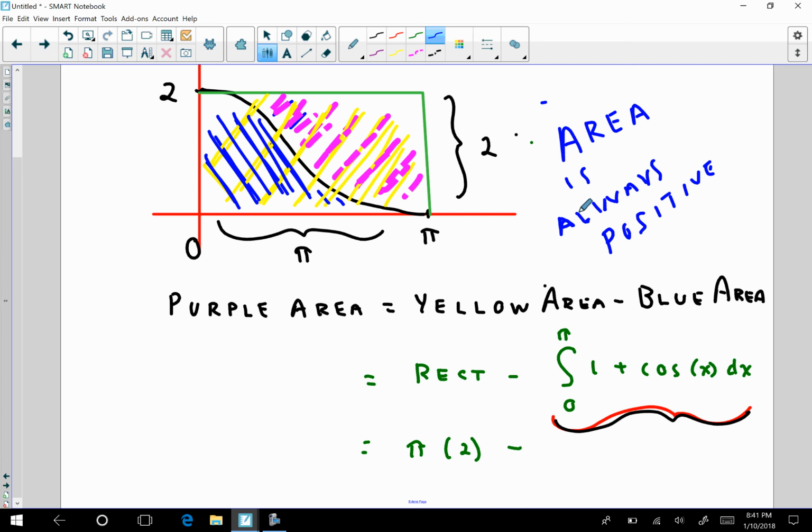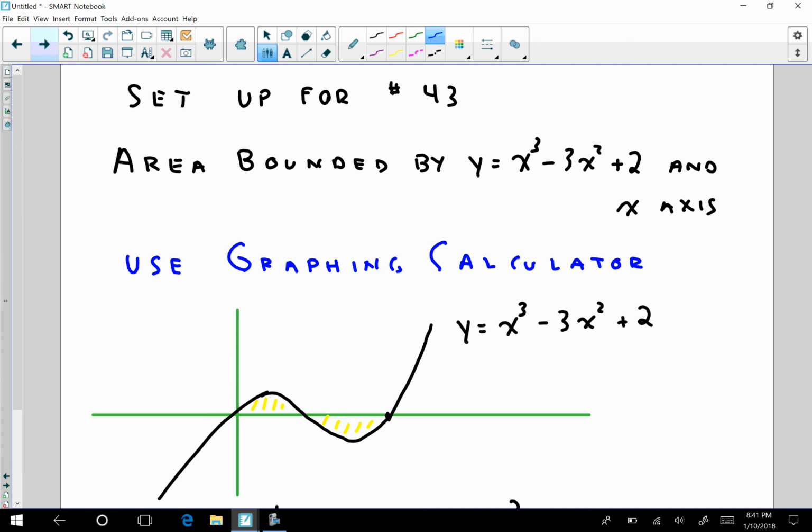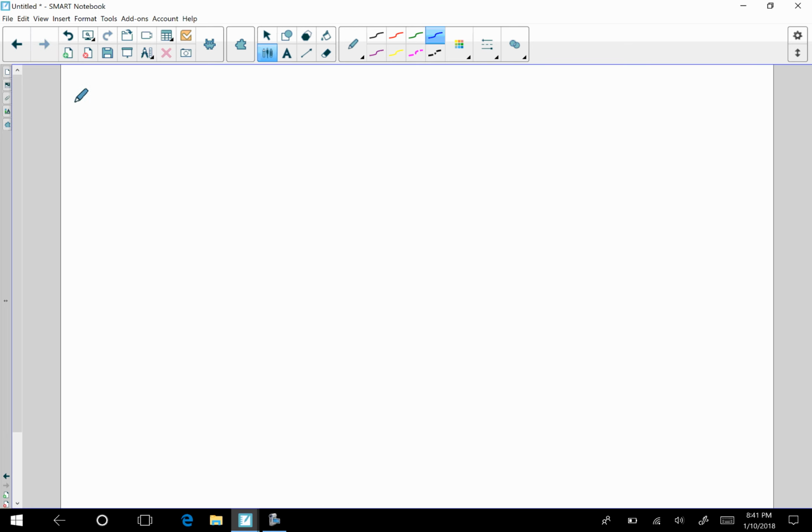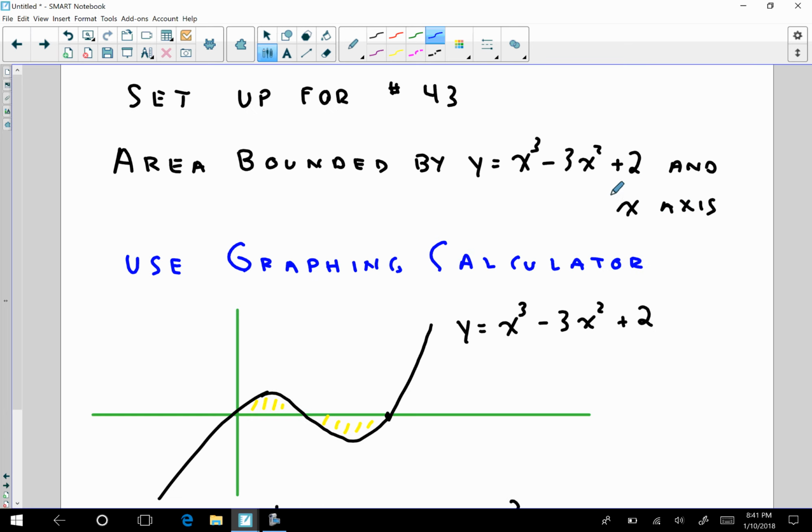So let's close this little video out with a setup for number 43. What I want is the area bounded by y equals x cubed minus 3x squared plus 2 and the x-axis.